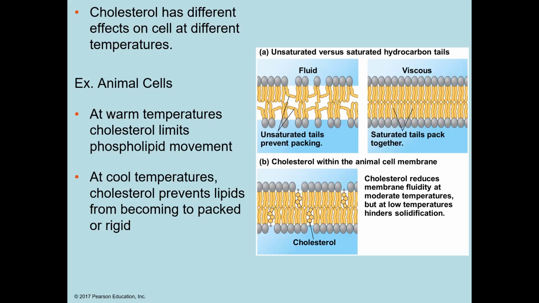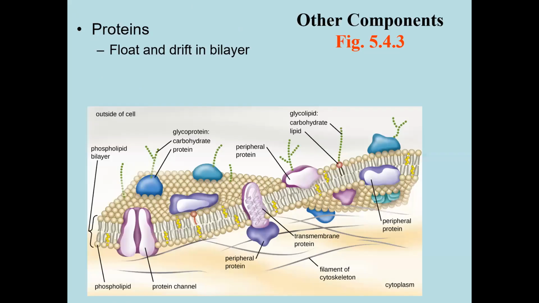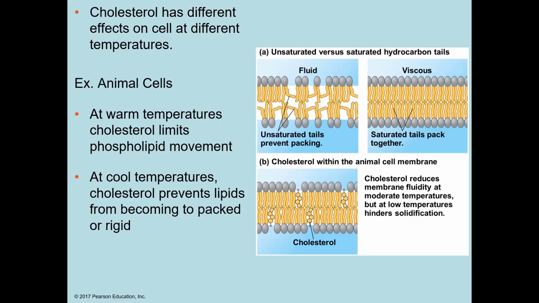Assuming it's actual good olive oil, I should point that out, and not diluted down with a bunch of other things. But anyway, side note. So if I have the cholesterol, it breaks up the rigidity of the membrane just enough that it will maintain fluidity at these more moderate low temperatures.